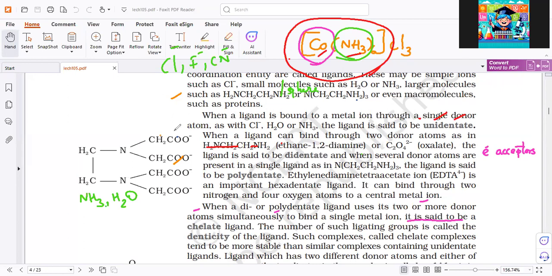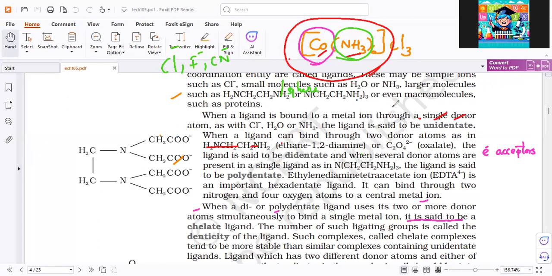Based on the type or number of bonds formed between the metal and a single ligand, ligands can be categorized as unidentate, didentate, polydentate, etc.